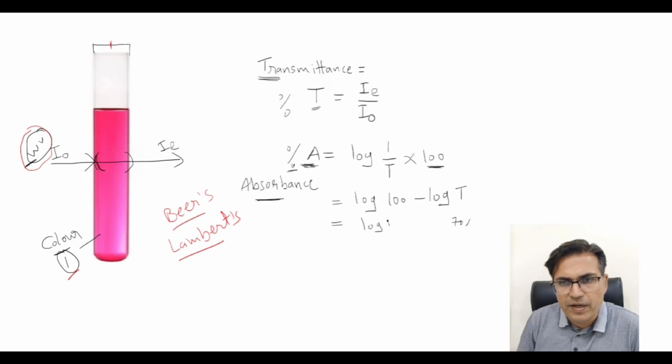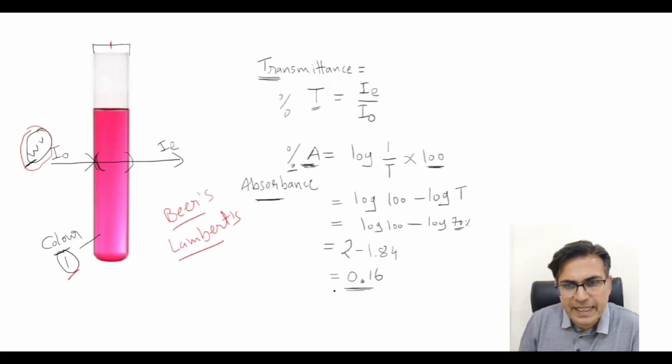So log of 100 minus log of 70. Log of 100 is 2 and log of 70 is 1.84. So we get 0.16. In the readout device we get one digit, that is 0.16.